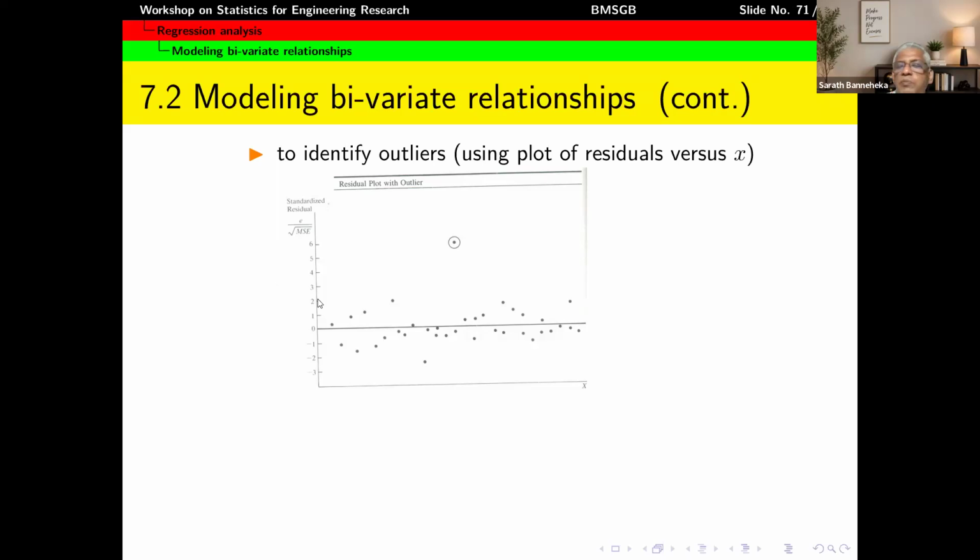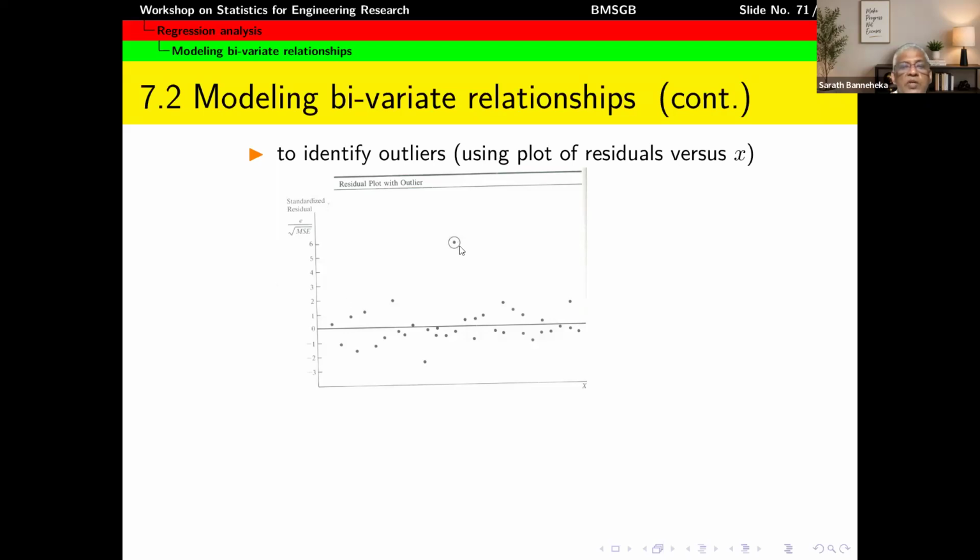What you expect is if there are no extreme values, almost all the residuals should be between -3 and +3, right? So if you draw a horizontal line at +3 and -3, you know the residuals are usually around 0. There are positive residuals and negative residuals. So what you expect in general, if your model is suitable and if there are no outliers, then almost all the residuals must be between +3 and -3. And in addition to that, you would expect about 95% of the residuals to be between -2 and +2.